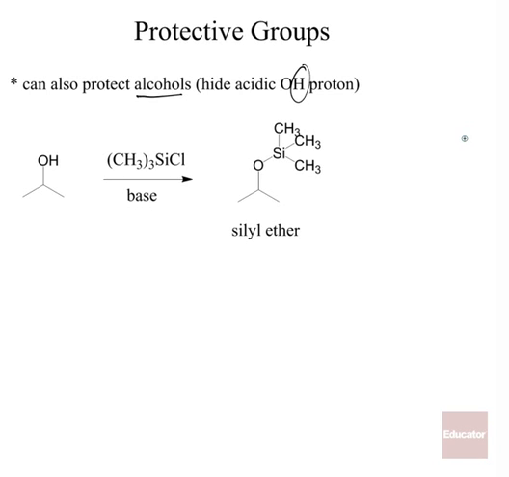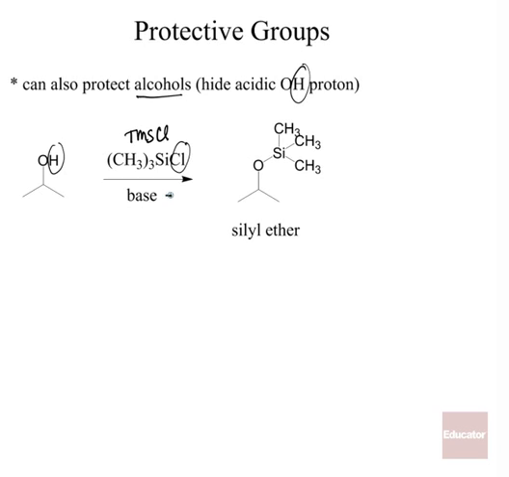One that's very commonly used is we take an alcohol and we treat it with trimethylsilyl chloride. This is called TMS chloride. We take this and some base, and what happens is the silicon is going to attach to the oxygen. So we're going to lose this proton, we're going to lose this chloride.